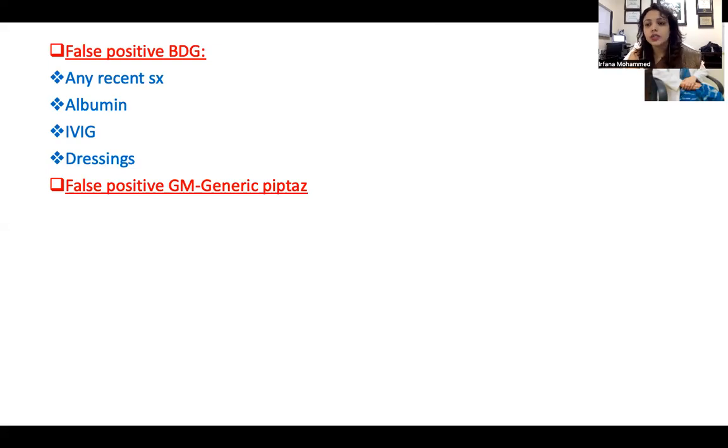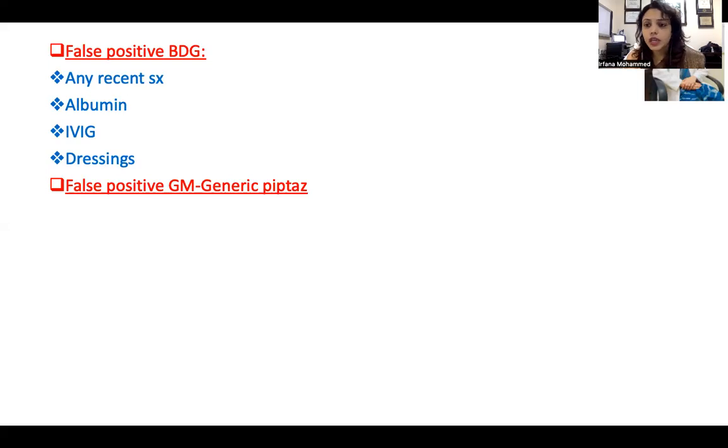So any recent surgery of less than a week, you use gauze during surgery which has lots and lots of beta-glucan. So that's why any recent surgery will have very high beta-glucan, and you have to take it with a pinch of salt and try not to send beta-glucan within 1 week of surgery.